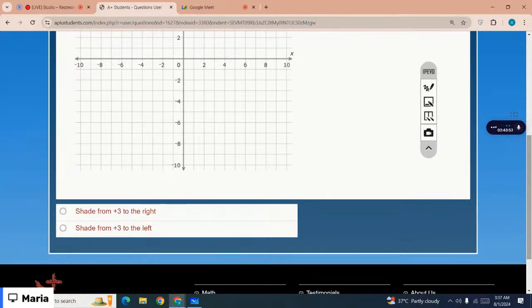Less than or equal to 3. That means shade from the left of positive 3, right? The correct option is option number 2. Shade from positive 3 to the left.